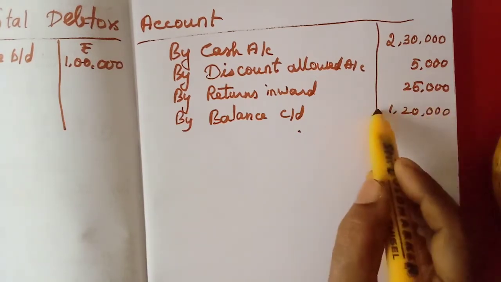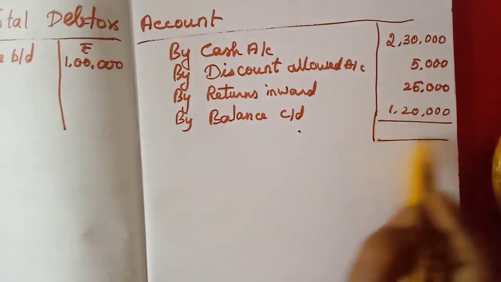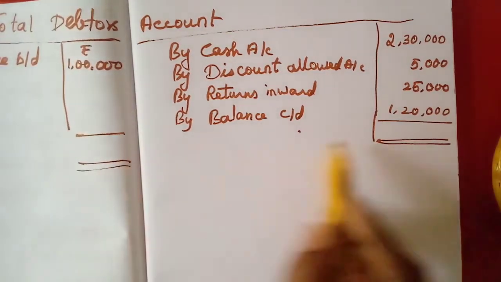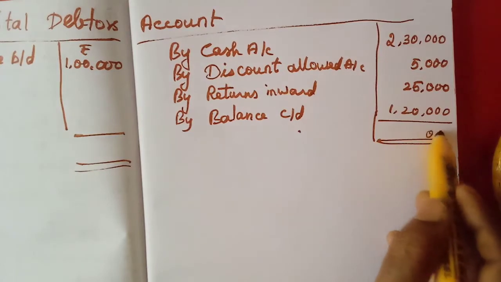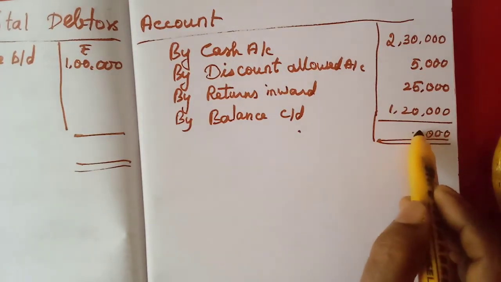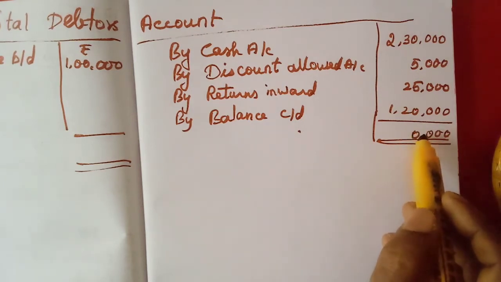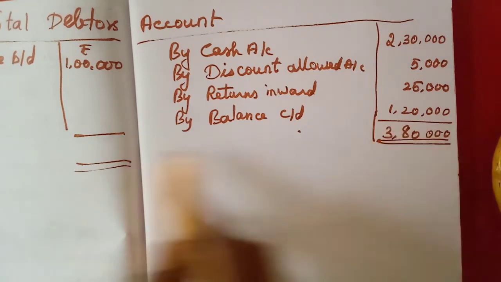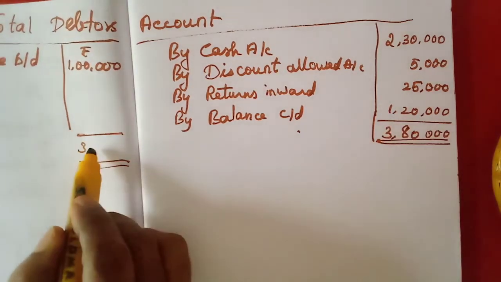Now they have asked us to calculate the credit sales. Okay, now credit side only more. So we have to add and write. 30, then 5, 5, 10, balance 1, 4, 6, 8, here 3. So 3,80,000.